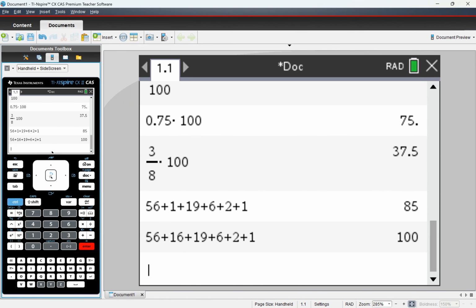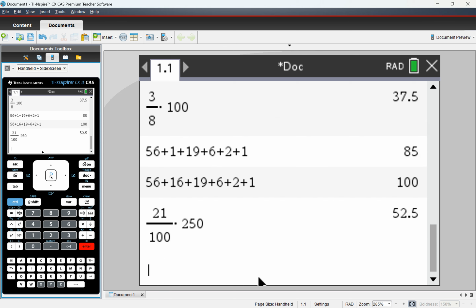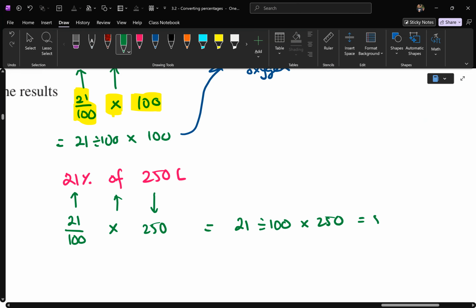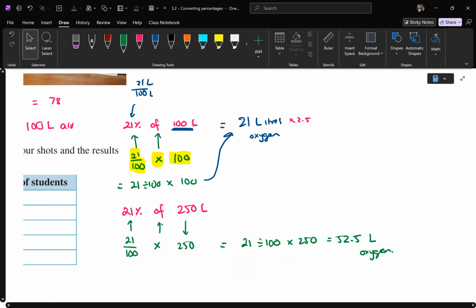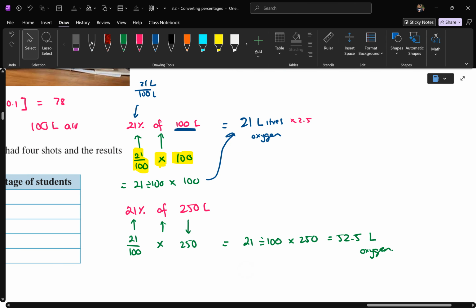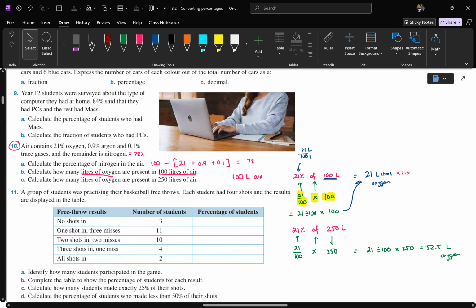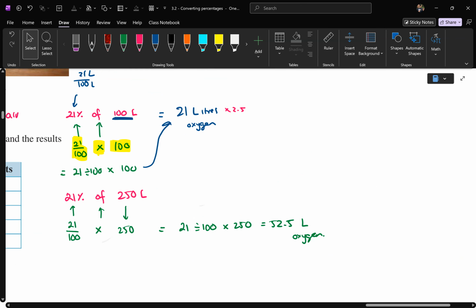So here, if I do it on my calculator, 21 divided by 100 times by 250, okay, that gives me 52.5. Yeah. So that means 52.5 liters is oxygen in a 250 liter. Was it liters of air?